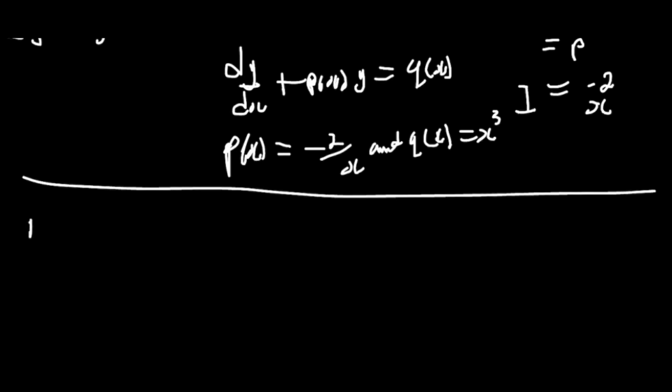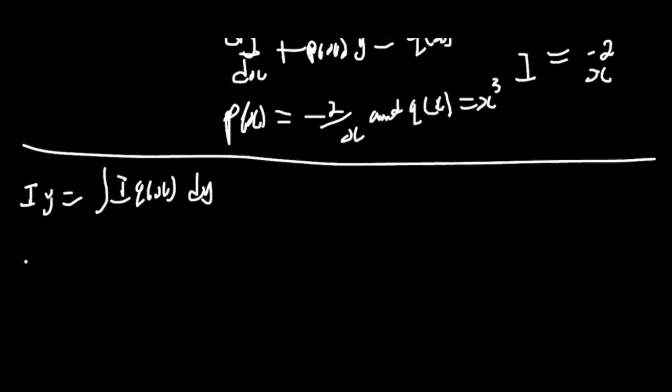So we're going to have I y equals to the integral of I q of x dx. So basically we are going to have y times x to the minus 2 to be equal to the integral of x to the minus 2 times q of x.